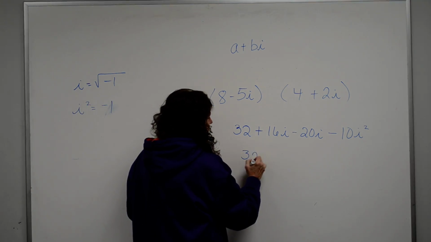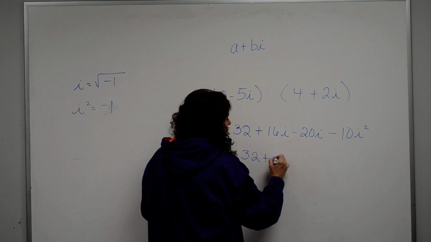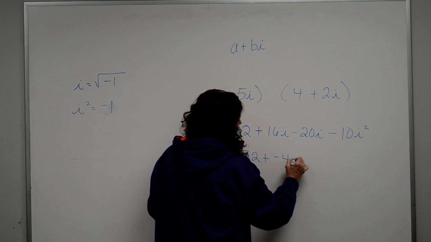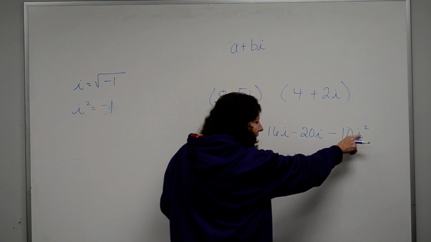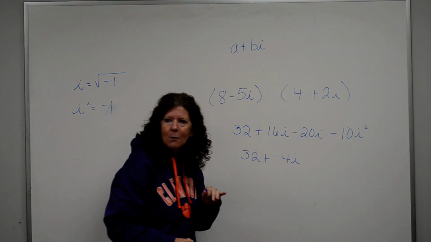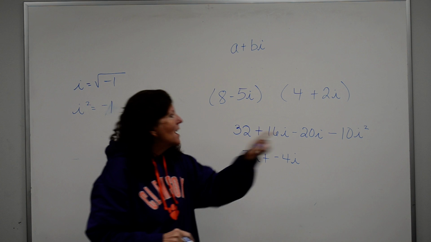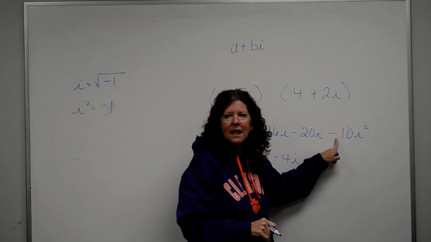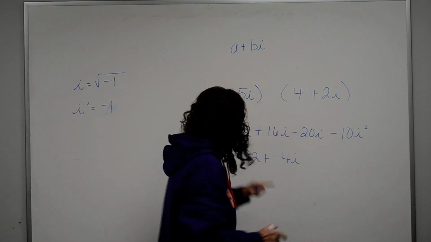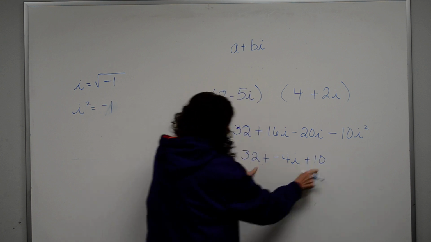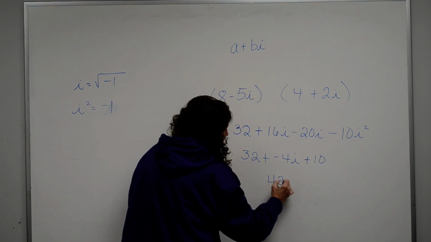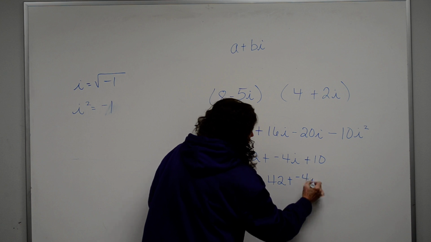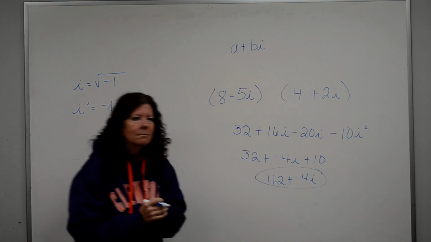So I have 32. I can combine these two together, so that's going to give me a negative 4i, and that is what? What's i squared? Negative 1. Negative 1 times negative 10 is what? Positive 10. So, then I can combine these two, and my final answer is that.